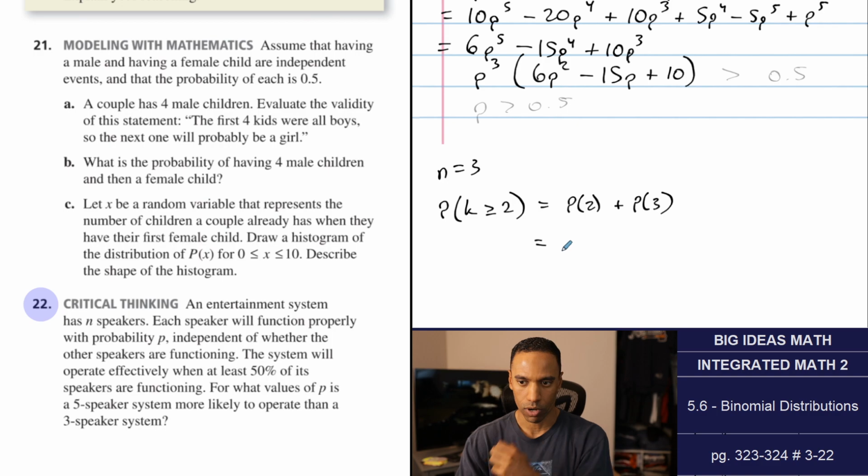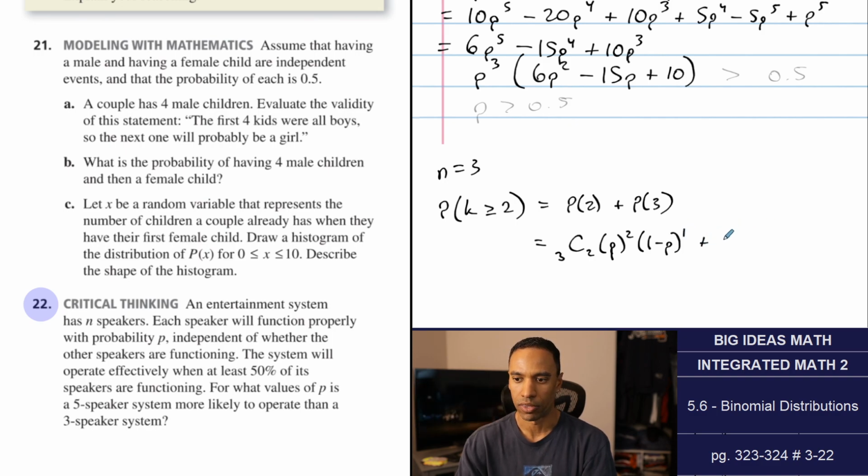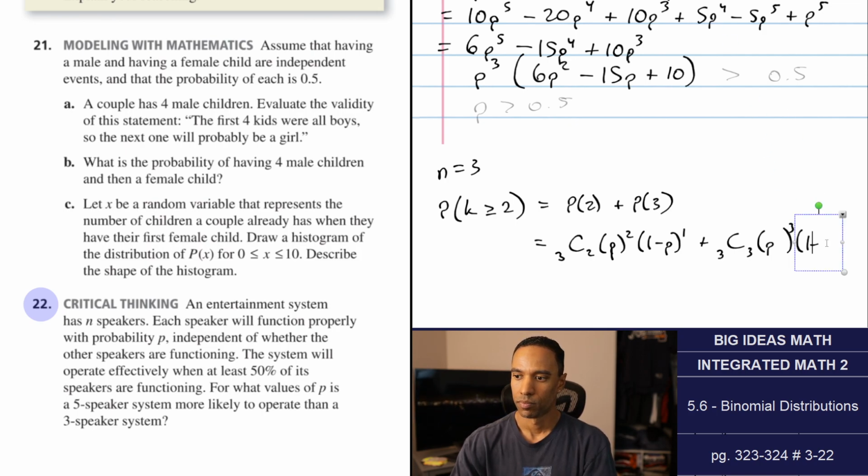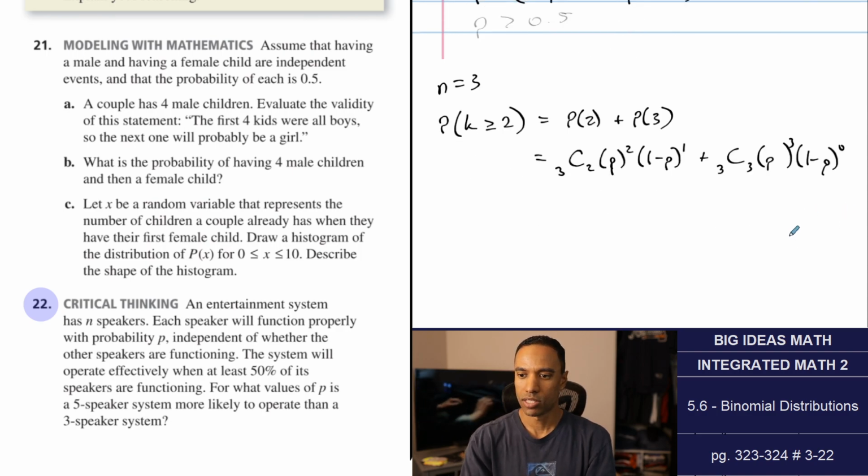So we're going to do 3 choose 2 times p to the second power times 1 minus p to the first power. At least these numbers are small and there are fewer of them. And then 3 choose 3 times p cubed times 1 minus p to the 0.